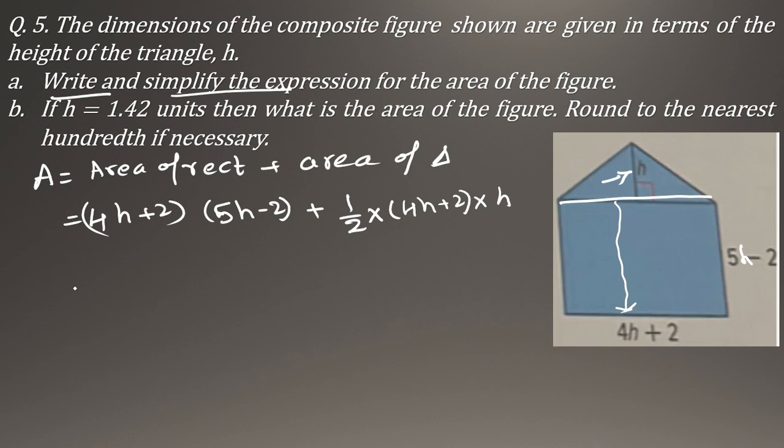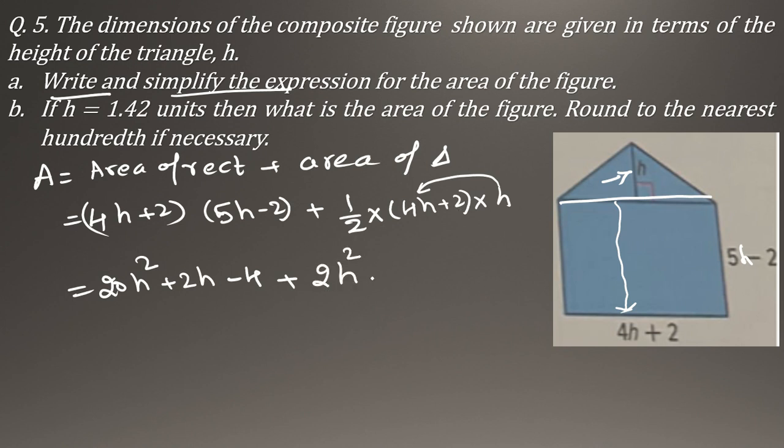Okay, now we need to simplify this. So multiply them. 4 times 5, 20h square, then plus 10h minus 8h, it will become plus 2h. I am sure I am doing the calculation correctly. And then minus 4 plus this 2 will be divided inside and h will be multiplied. So h with this h, it will become 4h square, and 4h square divided by 2 will become 2h square.